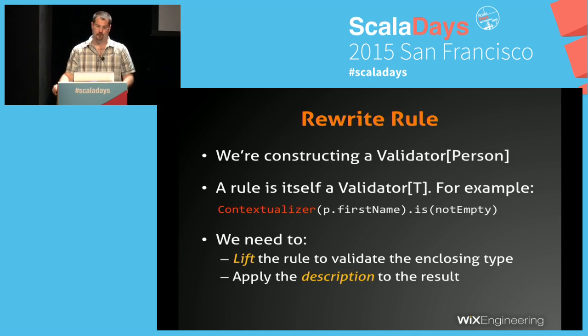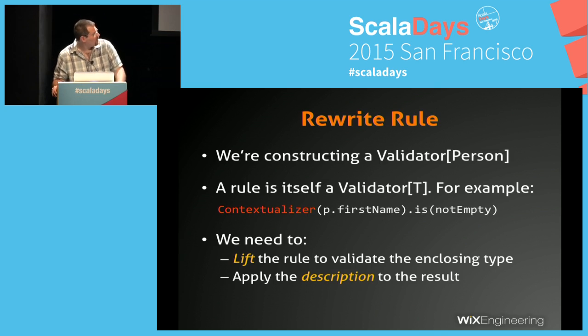We need to take each and every rule, and each rule may be a validator of string, and we need a way to lift that so that it validates an entire person. And once we have a whole bunch of different rules that apply to a person, we can then just stick them in some sort of AND combinator that we already have within our library.